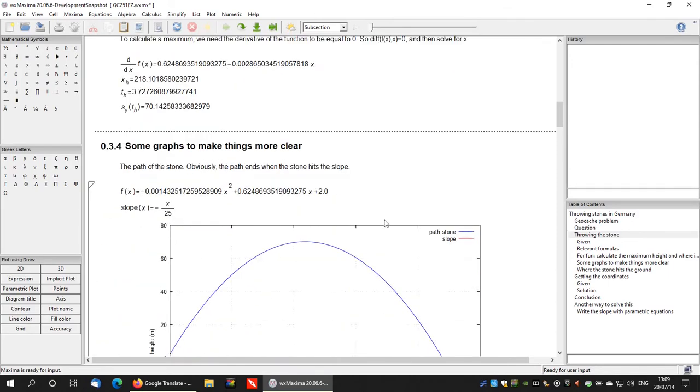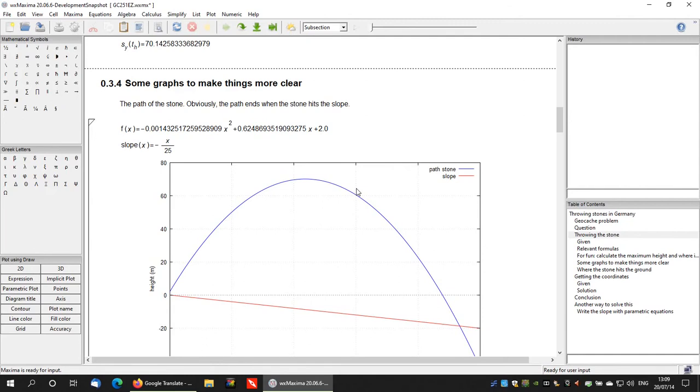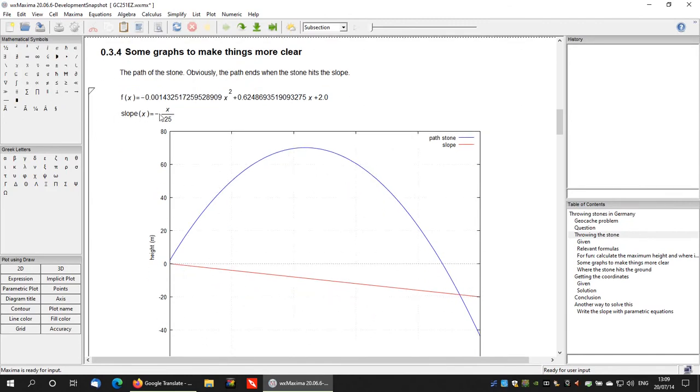Some graphs, if you look at the path of the stone, so this is your equation, and that's your equation for the slope, so the slope is in red, and that is your path of the stone.